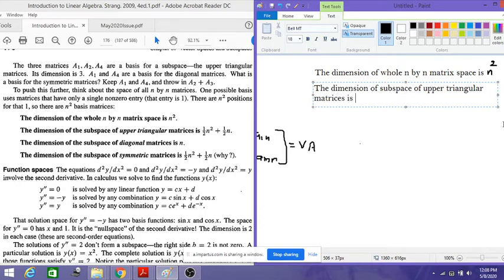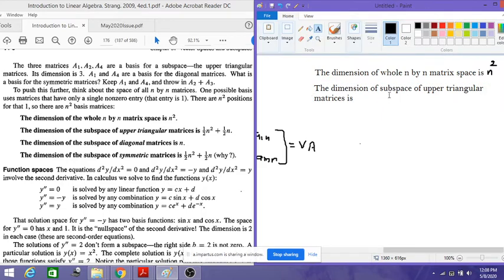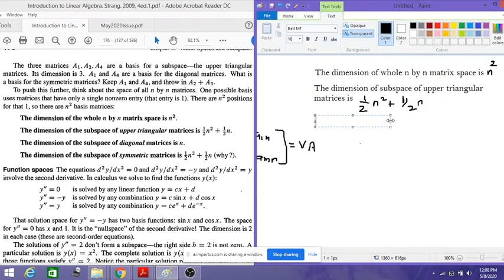If you have the subspace of upper triangular matrices, then its dimension is half n square plus half n.